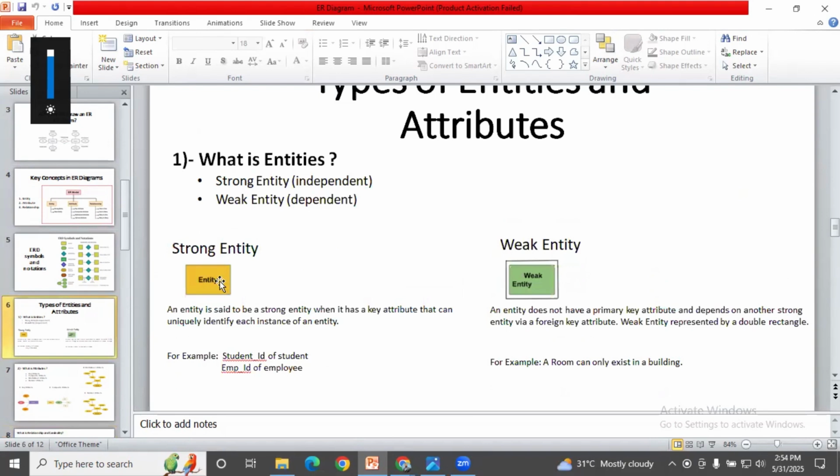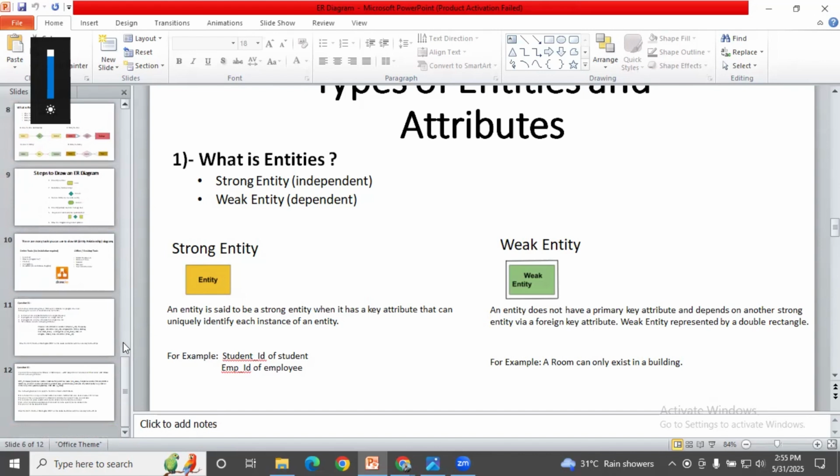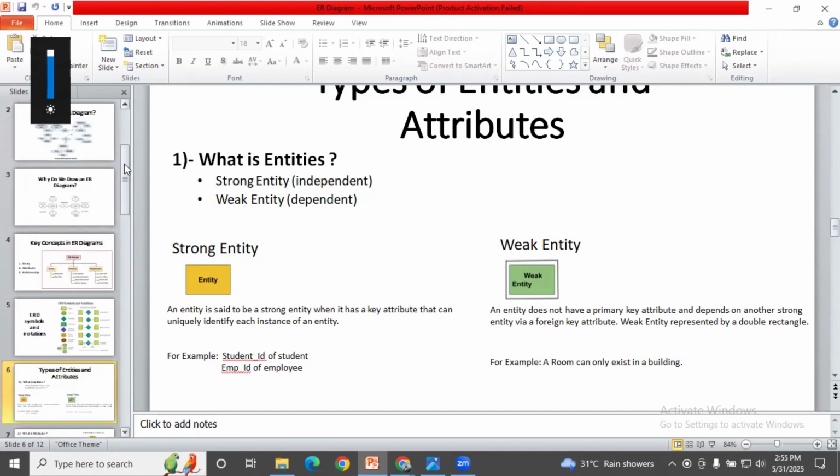We represent a strong entity using the rectangle shape and a weak entity with the double rectangle shape. A strong entity is unique, but a weak entity depends on another entity. Okay, those are the theories and examples I wanted to discuss today.